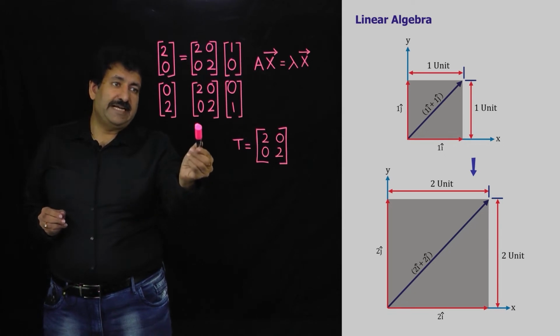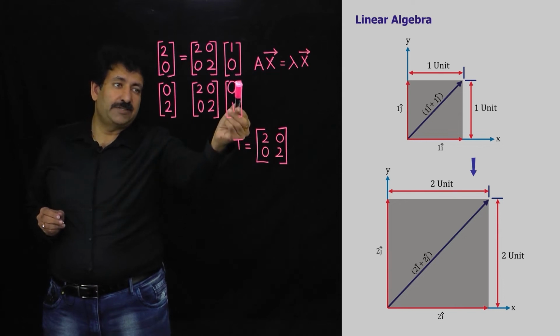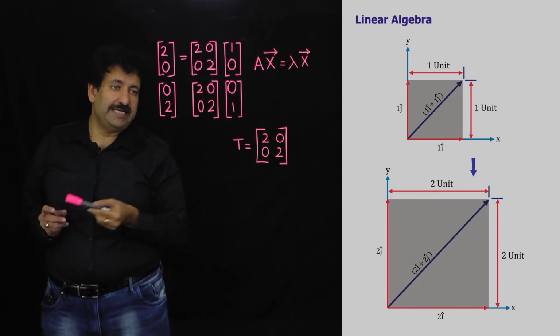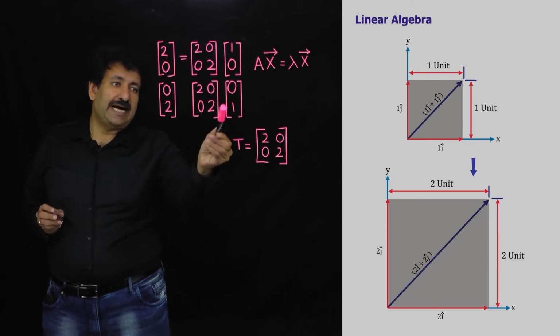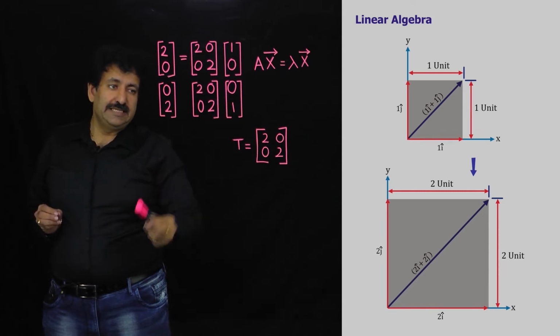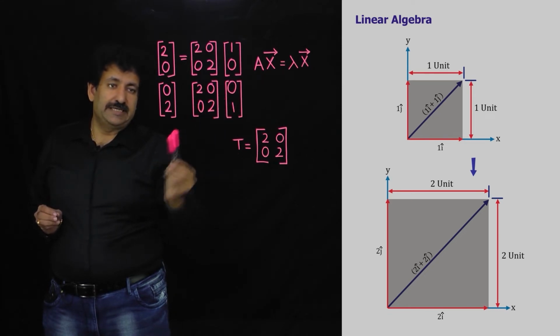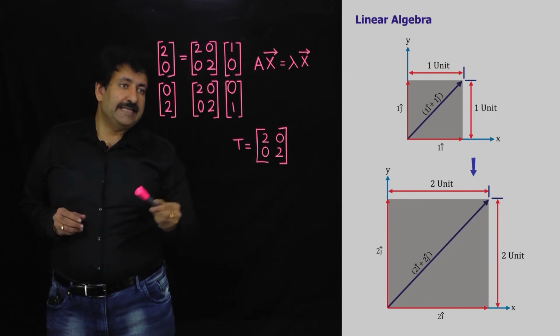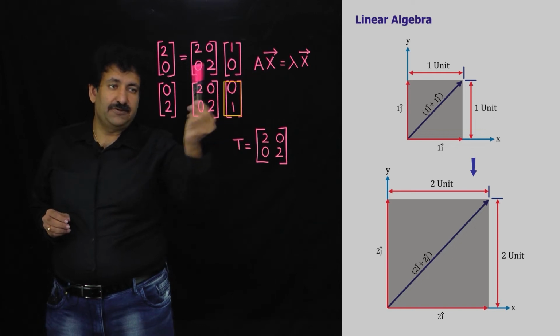And similarly, when I operate the vector along the y-axis with 0 magnitude along x and magnitude 1 along y by this particular transforming matrix, then I would get 0 and 2, because when I multiply the column with the first row, I get 0, obviously 0 into 2 plus 0 into 1, and when I multiply the second row, 0 into 0 and 2 into 1, and again it clearly goes to say that it is the second column that is actually scaling this particular vector.